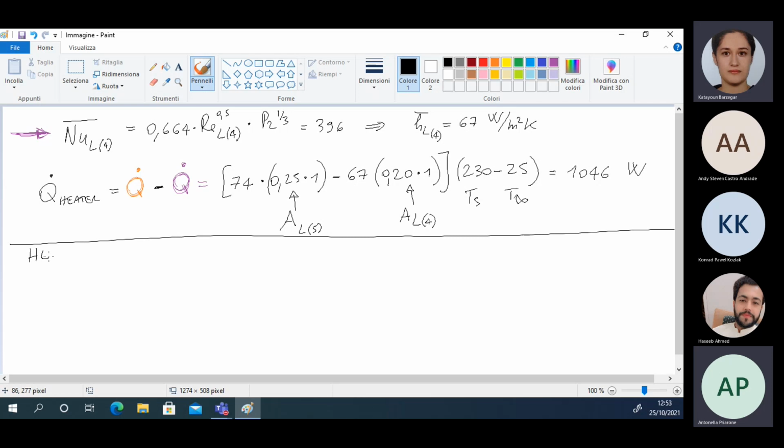Now heater 6, the last one that I have to analyze. For heater 6, I follow the same approach, but I have to estimate the Nusselt number for the wall length up to heater 6, that is, again, laminar plus turbulent flow.